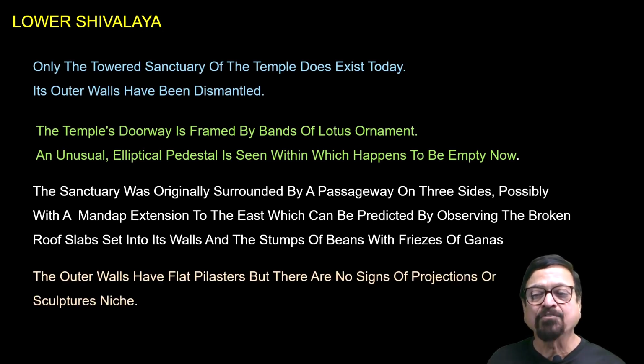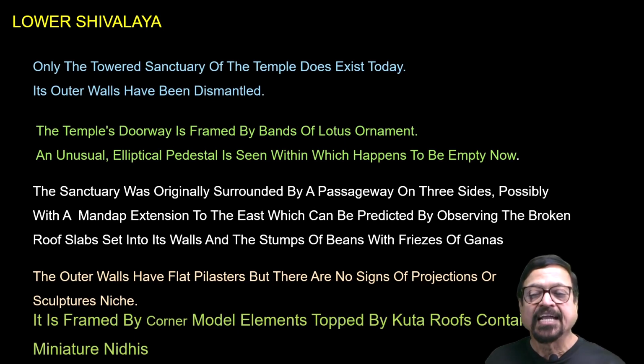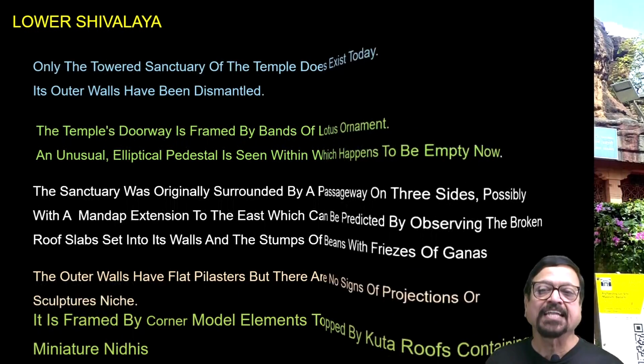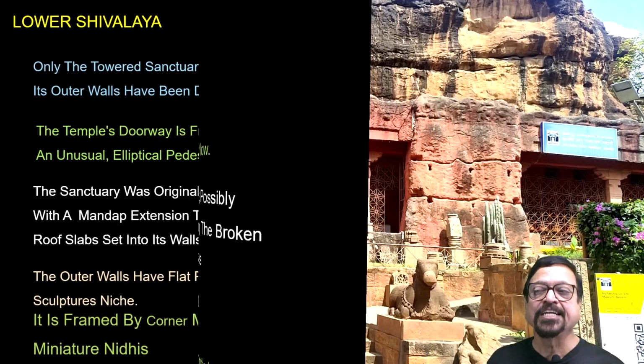The outer wall has a flat pedestal, but there are no signs of projection or sculpture niche. It is framed by corner model elements topped by a kuta roof containing miniature niches. So these are the type in which they are attached to each other.